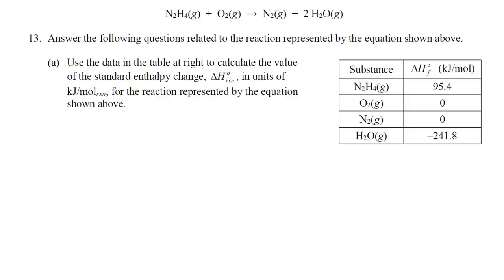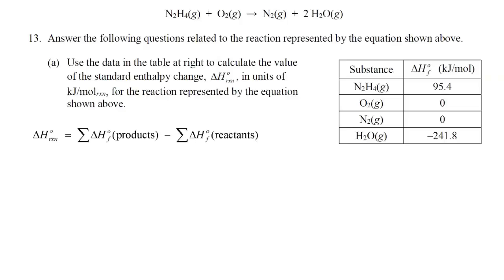So here in part A, it says use the data in the table at right to calculate the value of the standard enthalpy change, delta H, in units of kilojoules per mole of reaction for the reaction represented by the equation shown above. Now in the table, we have 4 different substances, but since 2 of them, oxygen O2 and nitrogen N2, are elements in their standard states, then by definition they have a standard enthalpy of formation of 0.